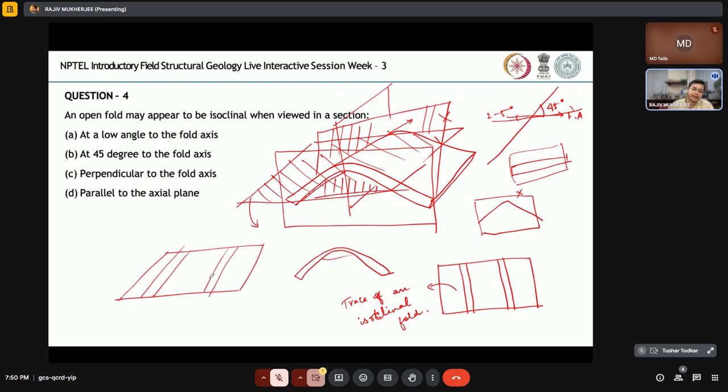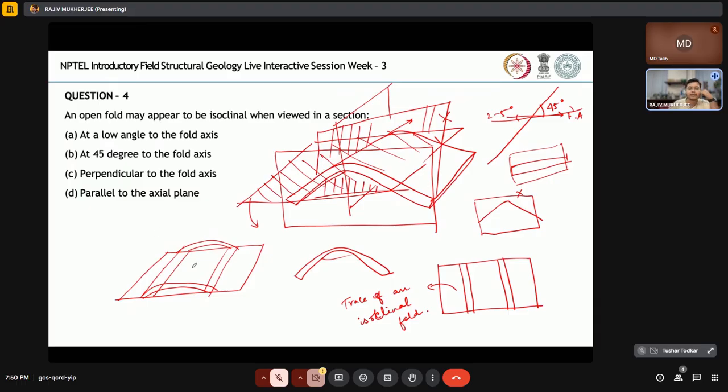And since the beds are very shallow dipping, a section which is almost subparallel to the fold axis would give us the traces of the bedding planes at both of the limbs, which would appear almost parallel since these limbs are very shallow dipping and they are dipping away from each other.